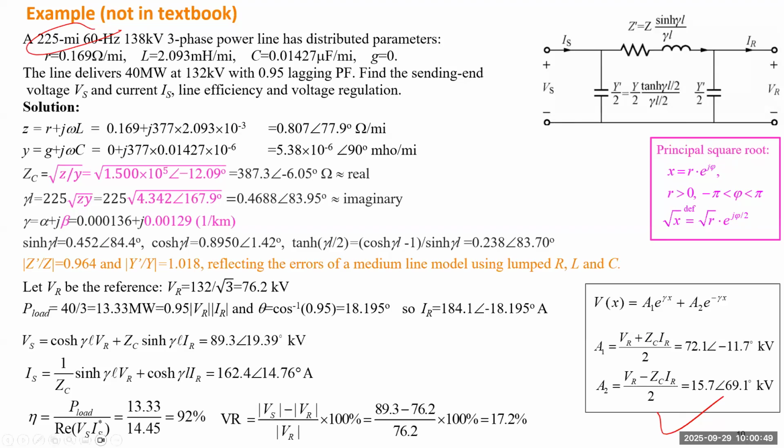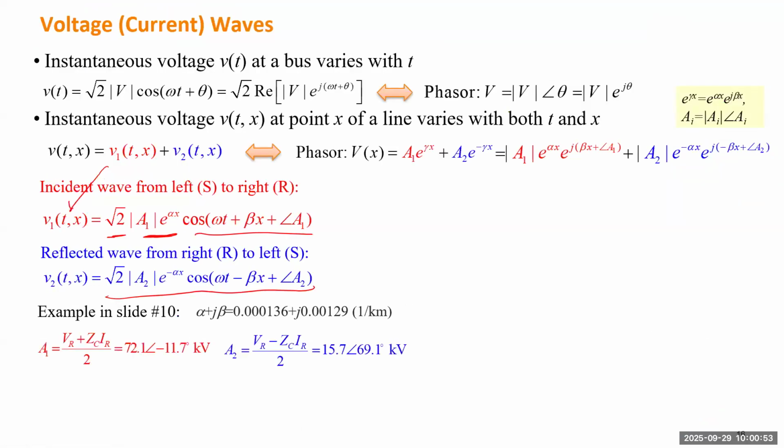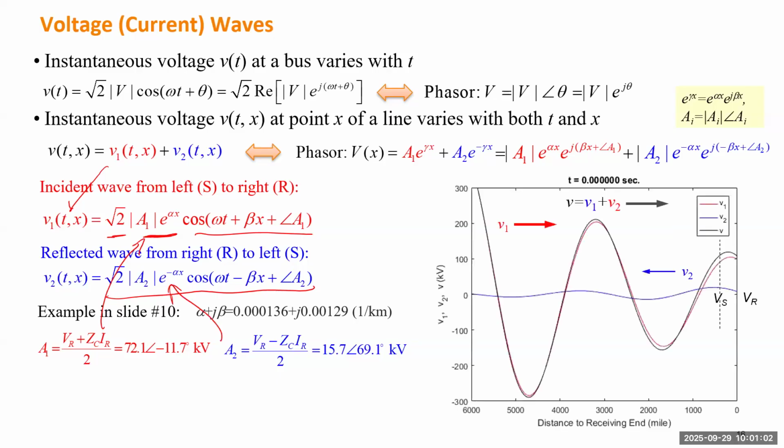So now we can utilize those values, plug A1 and A2 into those two formulas to see what happened, and draw those two functions. There are three curves: the red one indicates A1, the blue one indicates A2, and we also calculate the black curve indicating the sum.